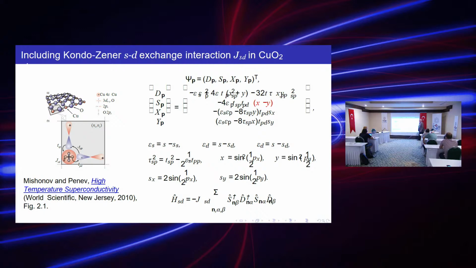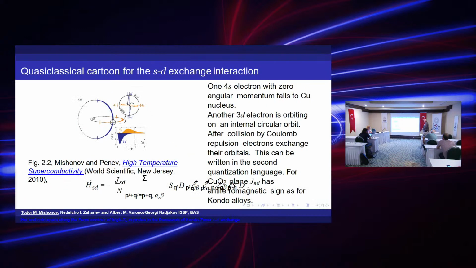This is the so-called sd, or Kondo, interaction, and the name of Kondo I have heard in this conference at least four times. So we included in the Hamiltonian the Kondo interaction as an exchange pairing mechanism.